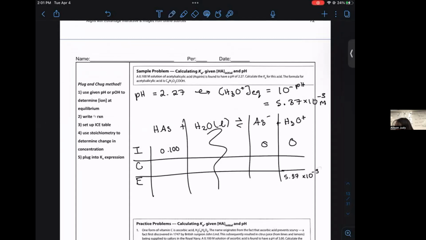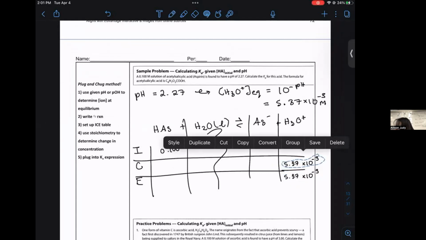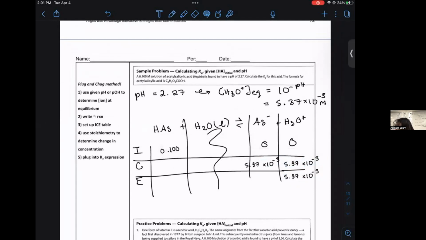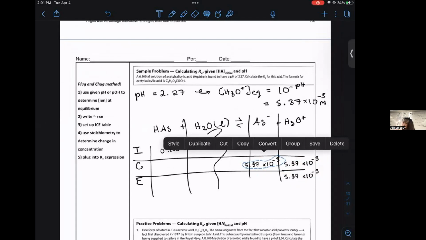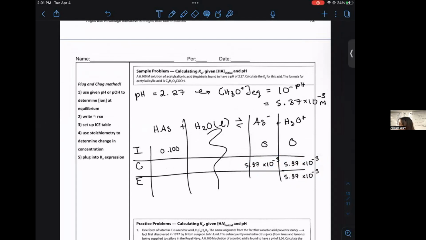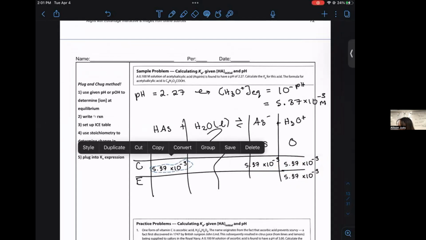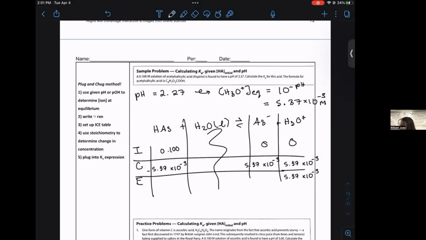Well, then I say, that means I have changed by positive 5.37 for my 2 ions produced, and subtracted negative 5.37 for my reactant used up.